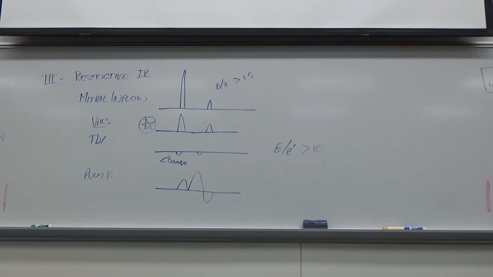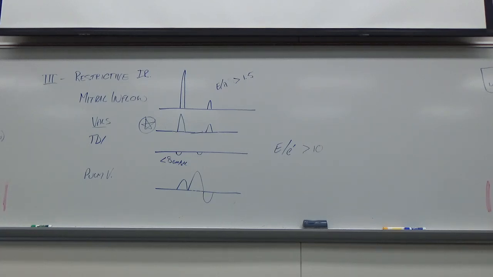Deceleration time, I think I mentioned, on the restrictive is less than 150. Good. That's diastolic dysfunction. So, know it in the groupings. I'm not going to probably give you just one piece of information on that.